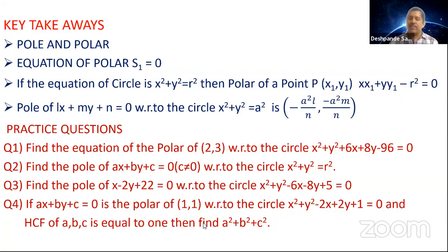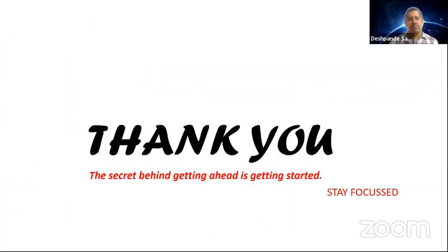From that, you get the values of a, b, and c. Then find the value of a square plus b square plus c square. This is an interesting problem. Try to solve it, and let me see how many of you can put the answer in the chat box. With this, I'll be glad to take up any of the questions asked, right?